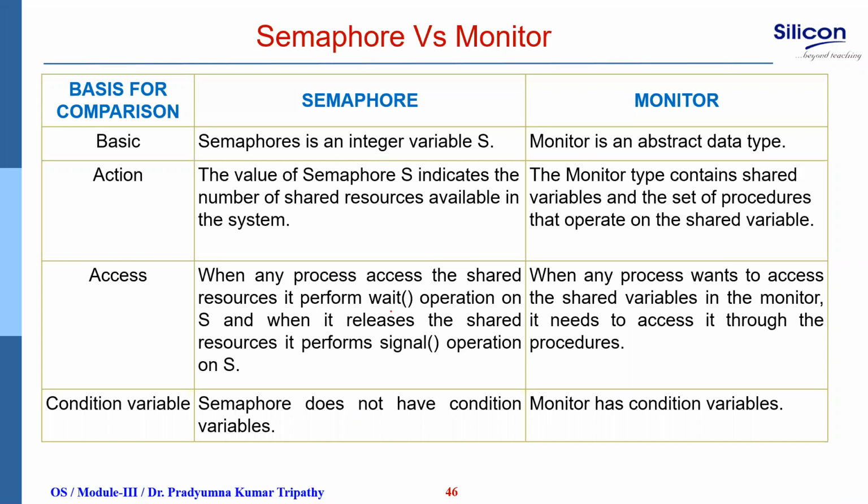Condition variables are used for synchronization inside the monitor. Outside the monitor you can use some locks, but inside the monitor, if you want to synchronize, you have to go for condition variables.